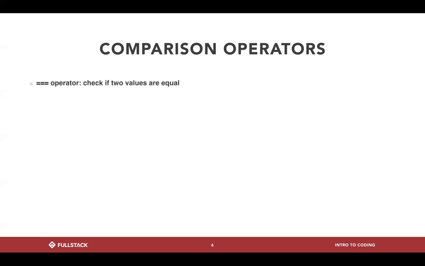So we have this triple equals operator. What this does is it checks if two values are exactly equal, right? Is the number 3 equal to the number 3? Is the string hello equal to the string hello, right? In this case, if I had a string that was 3, the character 3, and a number 3, they're not the same thing.